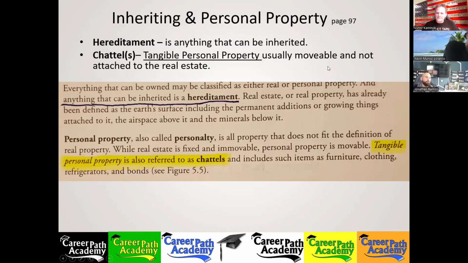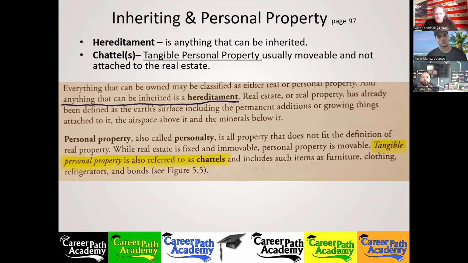Now, don't get lazy. If I ask you what chattel is, don't just say personal property, because you need to elaborate a little bit more. That could be wrong. There is intangible personal property. So chattel's not just personal property.